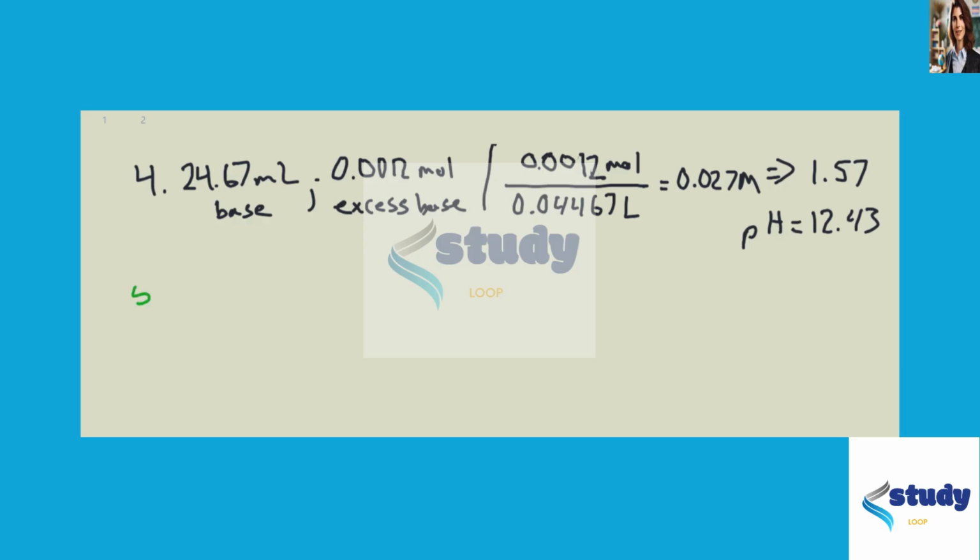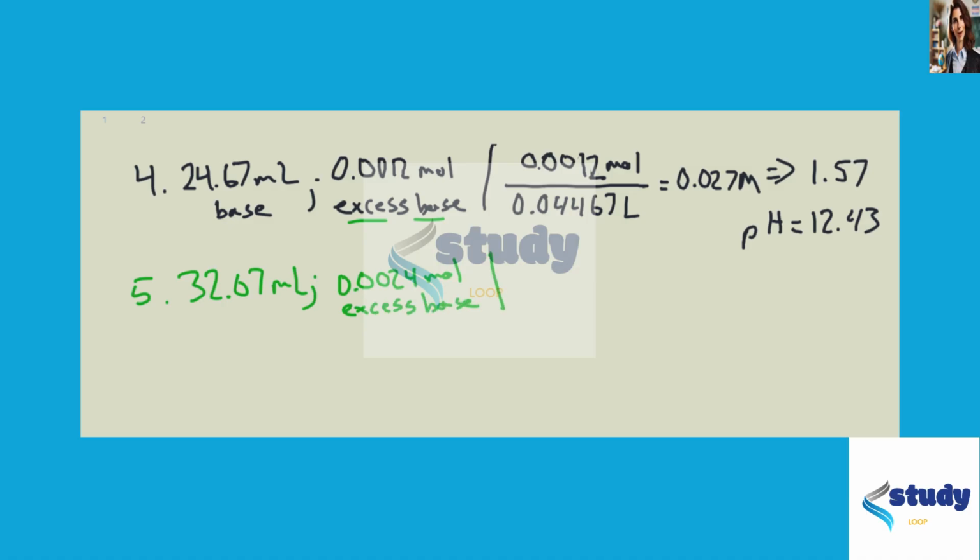So our last point that we'll calculate is we'll add 8 more milliliters, 32.67 milliliters. So we're now going to have 2 times this value, so we're going to have 0.0024 moles, because now instead of 8 milliliters excess, we have 16 milliliters of excess base.